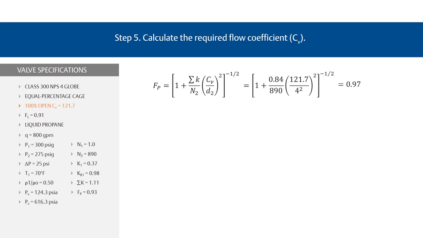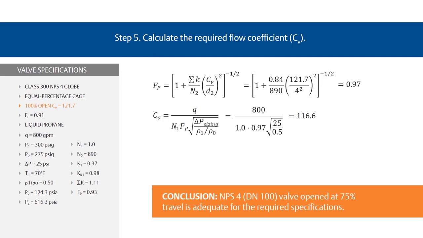Now plug this F sub P value into the CV equation for a final CV of 116.6. Because this newly determined CV is very close to the CV used initially for this recalculation, 116.6 versus 121.7, the valve sizing procedure is complete.